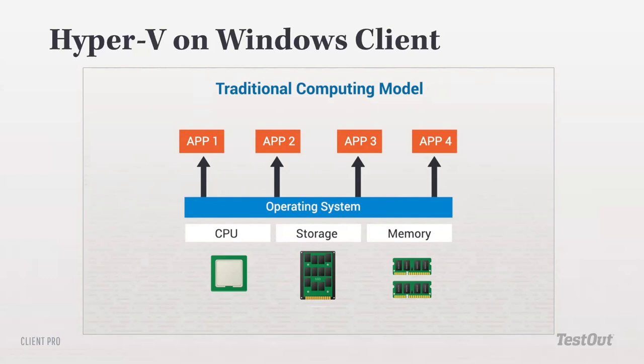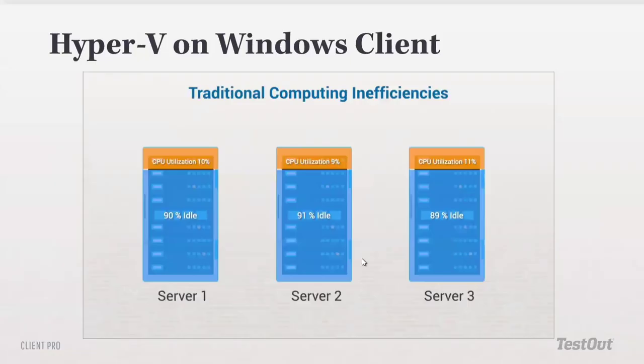In the traditional model, you have one operating system and multiple applications on that operating system. That operating system controls all of the resources of that hardware: all of the CPU, the storage, and the memory.